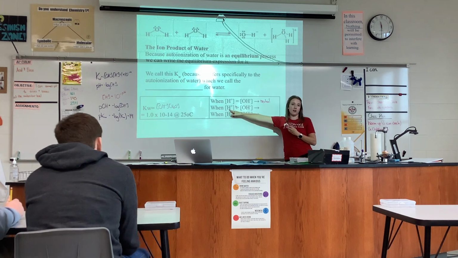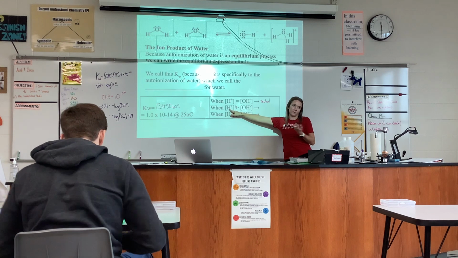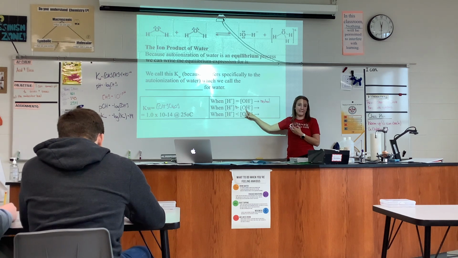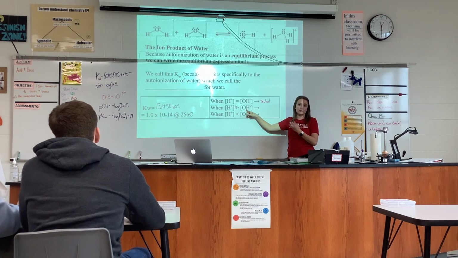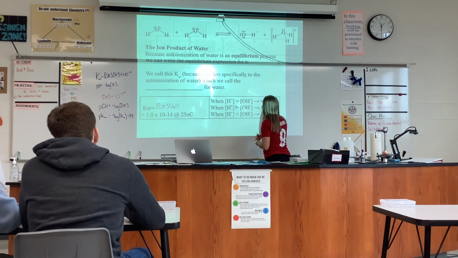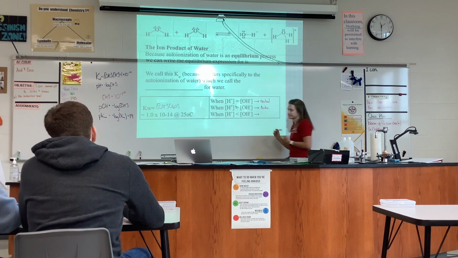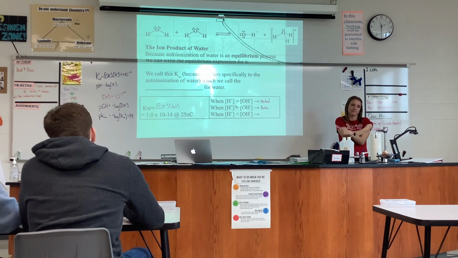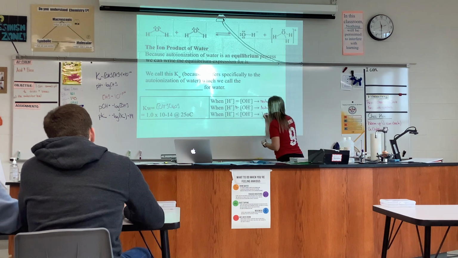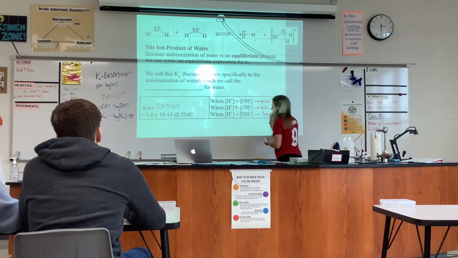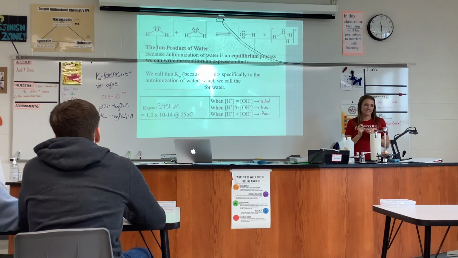If the hydronium, or the H plus, is more than the hydroxide, now the solution has become acidic. And then on the reverse side, if hydroxide is more, that's basic.